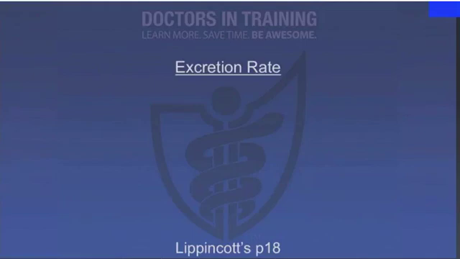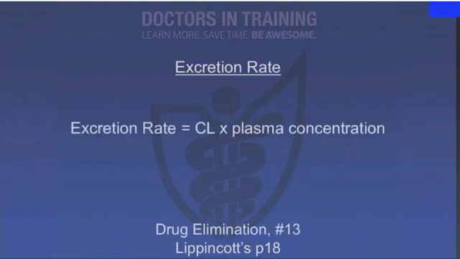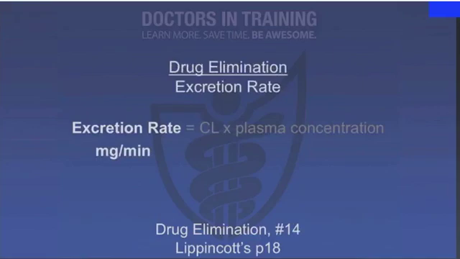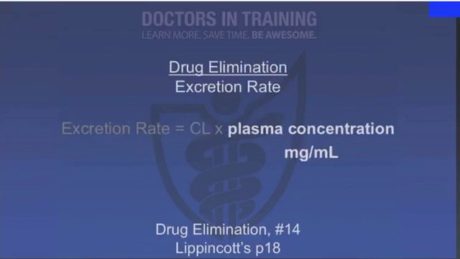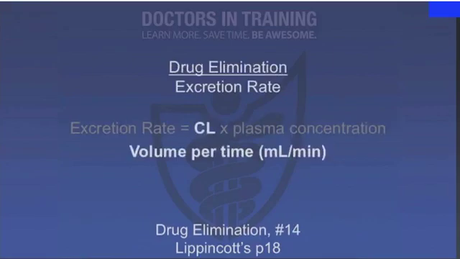So another concept is the excretion rate, and this is found on page 18. The excretion rate is the clearance times the plasma concentration. The excretion rate is milligrams per minute. Clearance is milliliters per minute, as we said, and plasma concentration is milligrams per milliliter. So the clearance is volume per time. It's how much plasma is cleared of drug in a certain amount of time.